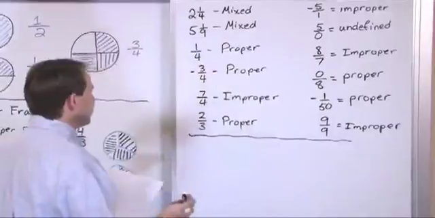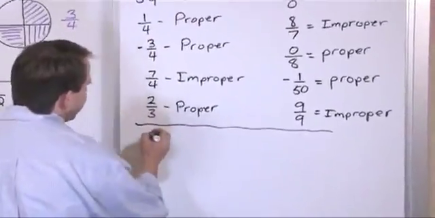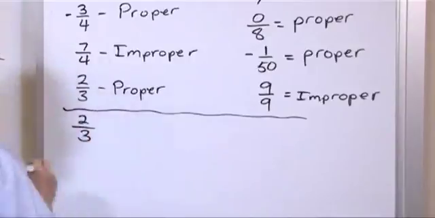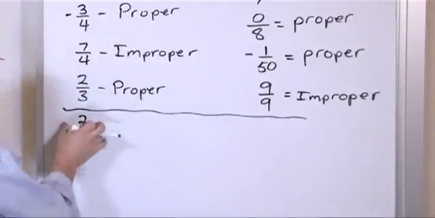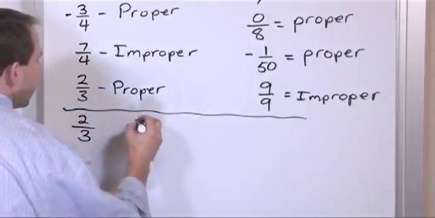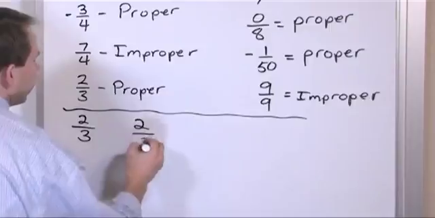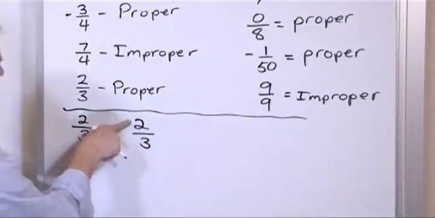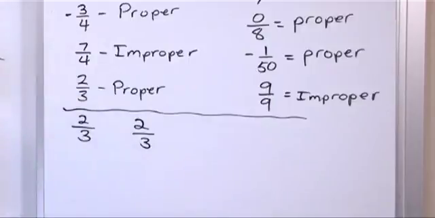So if I tell you I have 2/3 of a pizza, let's say 2 slices out of 3 pieces, and I tell you that you have 2/3 of a candy bar, which is if you cut the candy bar into 3 pieces and you have 2 pieces, then speaking in terms of fractions, you would say these 2 fractions are equal.